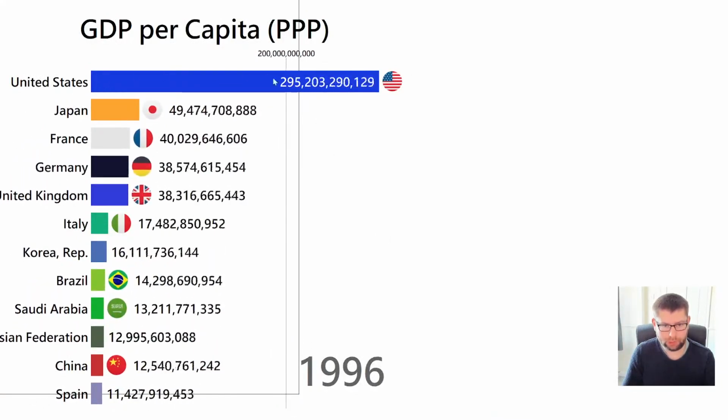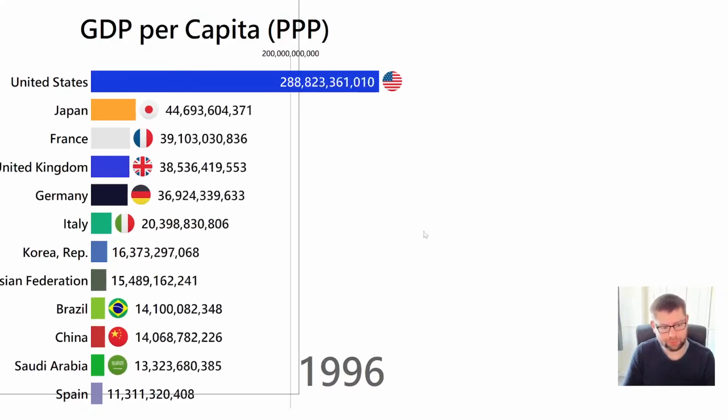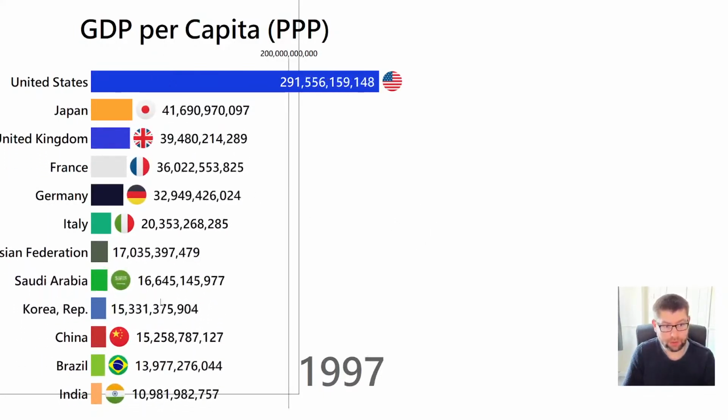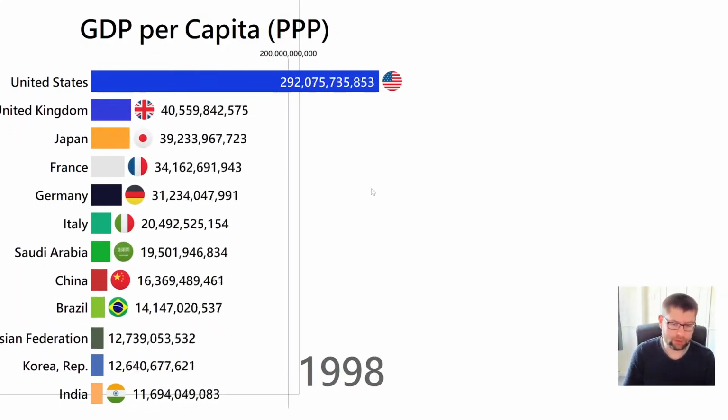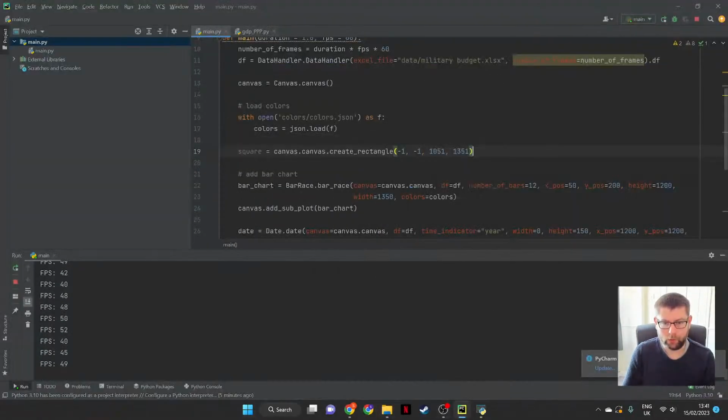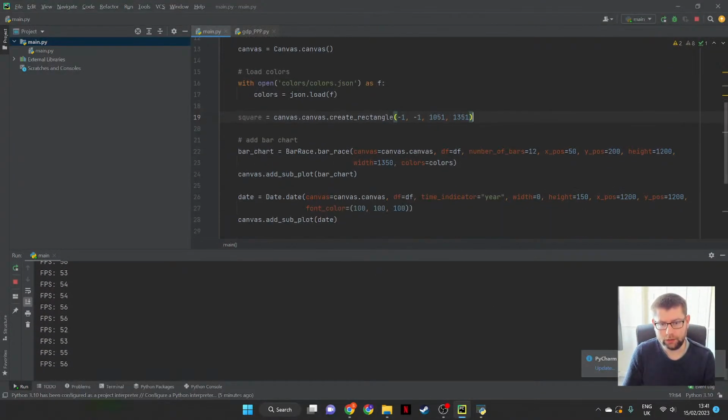So we see our animation is far too high and far too wide. What we can do is change the height values and the width values of our bar chart. So let's say our height should be 900, and let's reduce our width to 750.